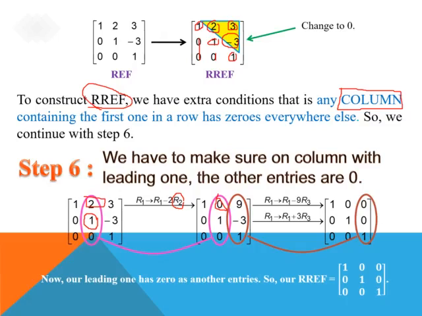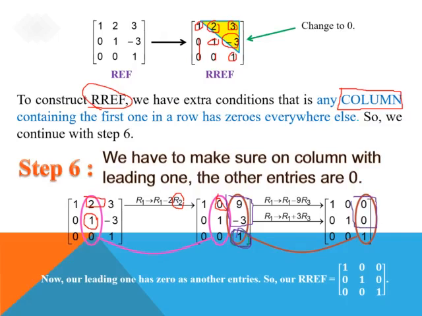Next, we operate on column number 3. So this is the leading one. Okay. So we have to make sure 9, negative 3 is 0 and 0.